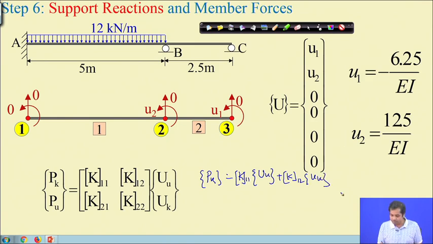UK is 0 and this one is known, and this is the nodal load vector. If you solve this equation, you get U unknown. Okay. Now, we will use the second equation.